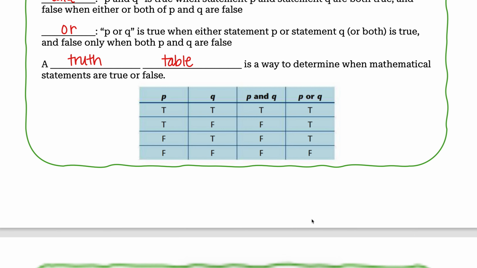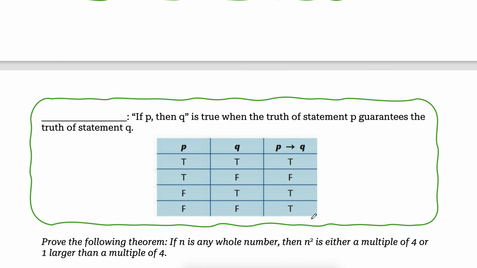Now, there's one other truth table we're going to look at. It's for the if-then scenario. So in our if-then truth table, I've got a column here for P and a column for Q, and then our if-then column. Now, this one might be surprising.